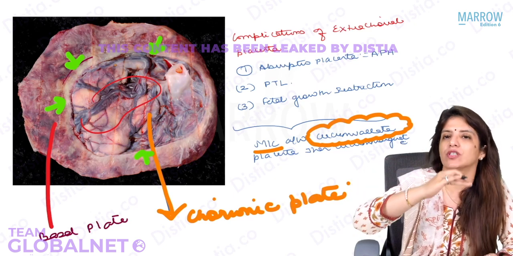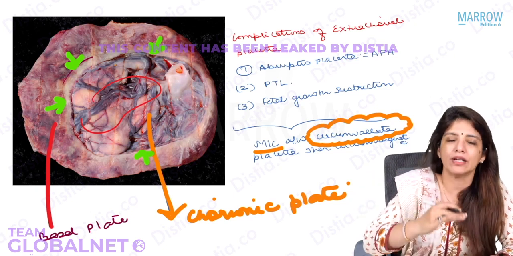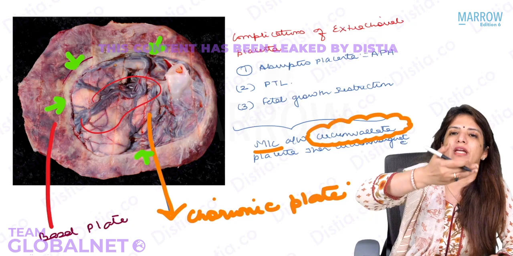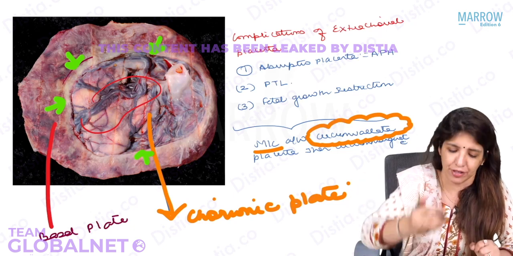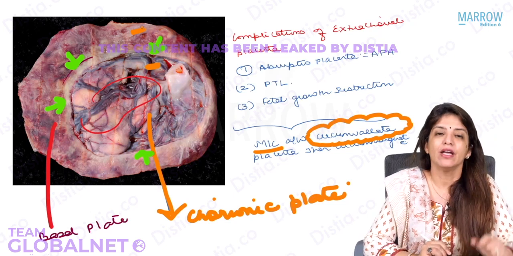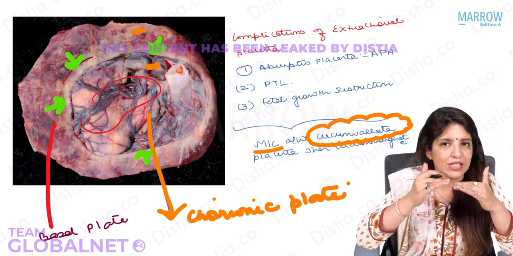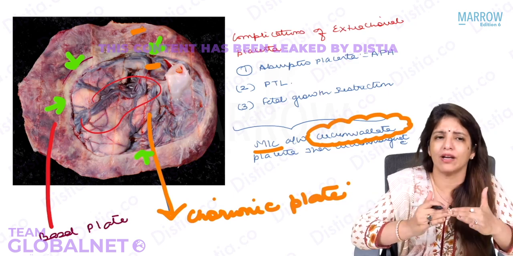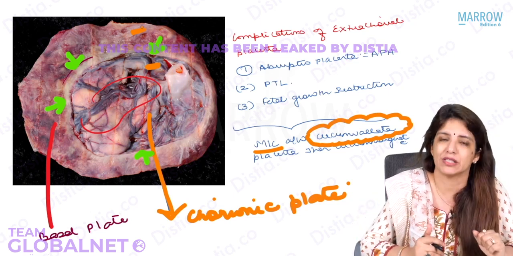The level of the fetal side will be lower than the maternal side because the valve-like thickening makes the maternal side a little higher up. So see the level here and the level here. You can see that the fetal side, or the chorionic plate, is slightly depressed at a lower level in comparison to the basal plate.